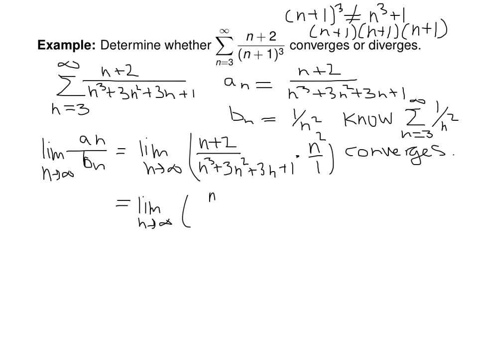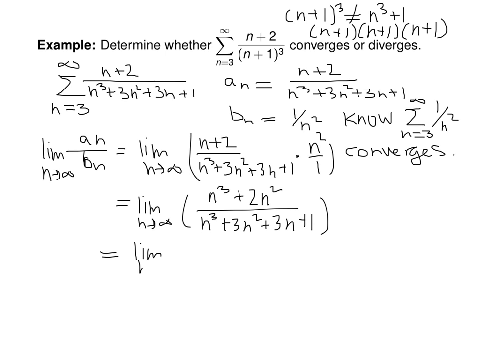So that'll give us n cubed plus 2n squared over n cubed plus 3n squared plus 3n plus 1. And dividing the numerator and denominator by n cubed, we'll have 1 plus 2 over n over 1 plus 3 over n plus 3 over n squared plus 1 over n cubed. And that limit is equal to 1.